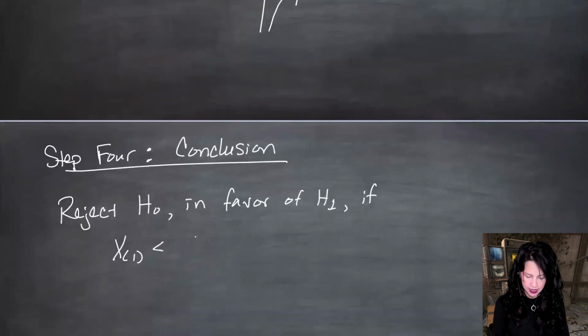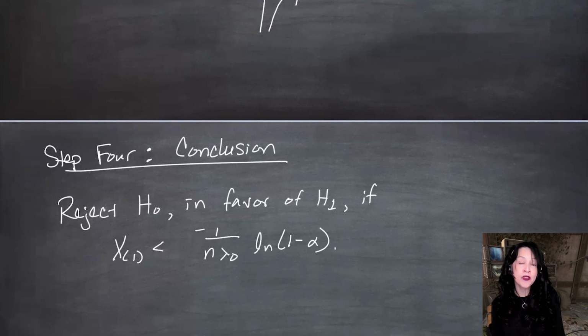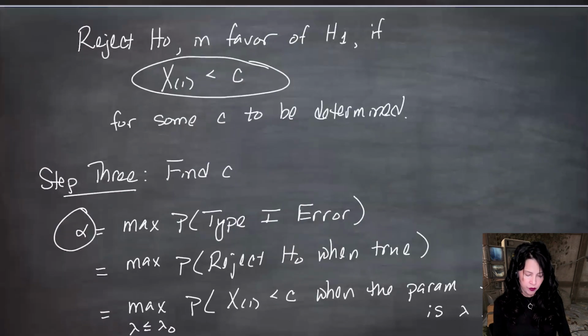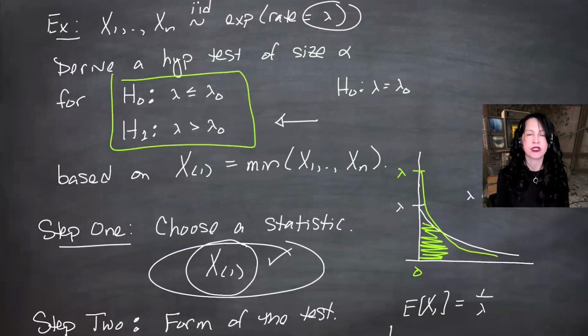So is less than -1 over n lambda naught, the log of 1 minus alpha. That's it. That's our rejection rule. And this is a test of size or level of significance alpha for testing this null hypothesis versus this alternative.